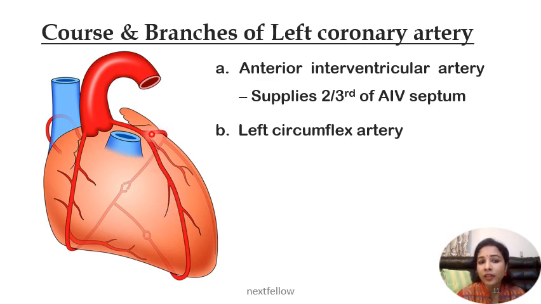Whereas the circumflex is the continuation of the left coronary artery, which winds round along the left border of the heart to go to the posterior side, where it is related to the coronary sinus.